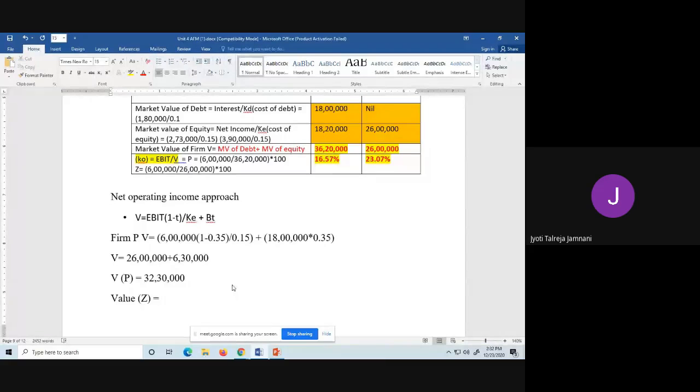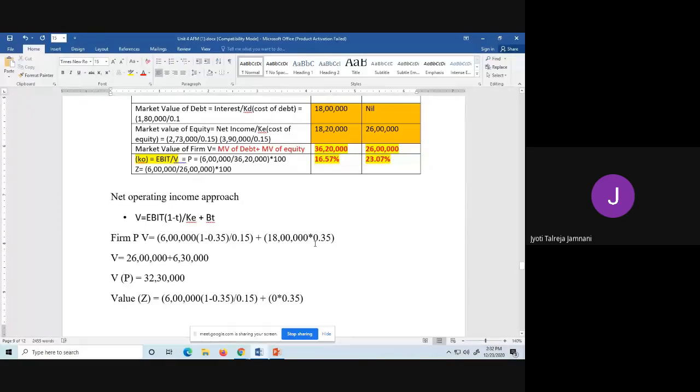The same formula, EBIT 6 lakh into 1 minus tax rate, so 1 minus 0.35, divided by equity capitalization rate, which is 0.15, plus the value of B is 0 here because this company doesn't borrow. So we write plus 0 into 0.35.